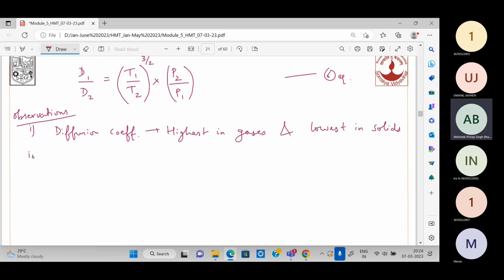The second is that the diffusion coefficient increases with temperature and decreases with pressure.